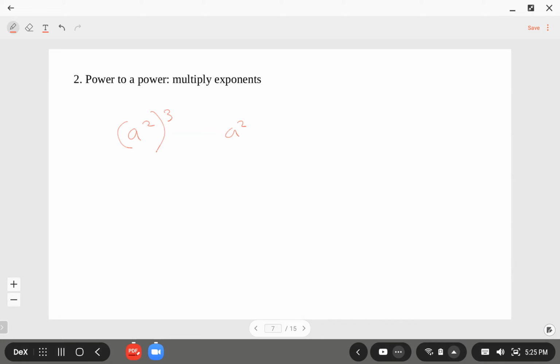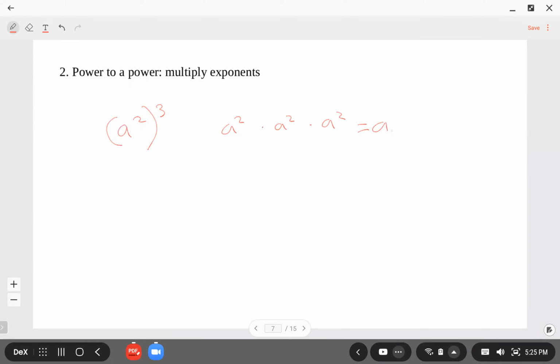We're going to cube a squared. It's in the parentheses, so we have to cube everything in it. So a squared times a squared times a squared. And remember, when you multiply, you add the exponents, and of course this only works with the same base. So a to the sixth power, okay?